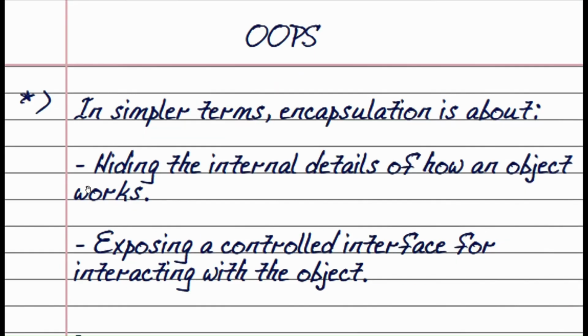So in simpler terms, encapsulation is about, first, hiding the internal details of how an object works, and second, exposing a controlled interface for interacting with the object.